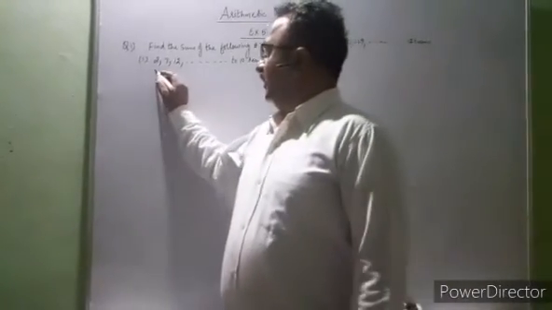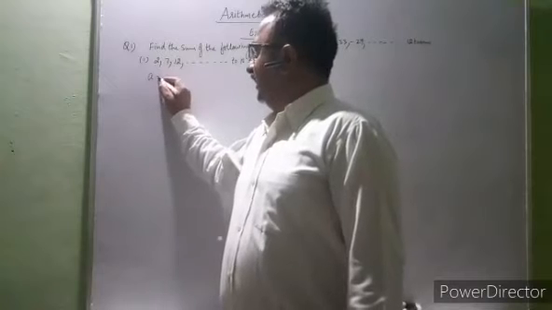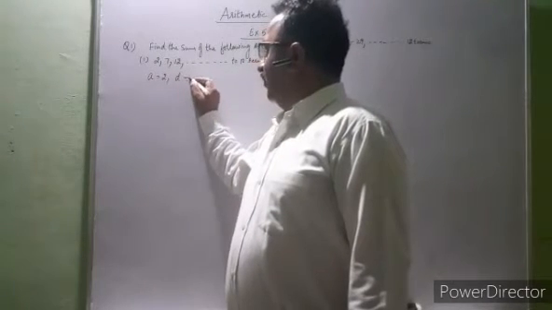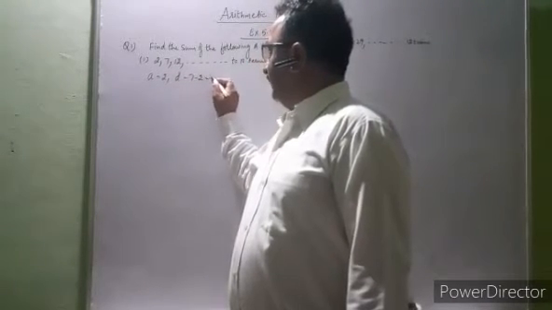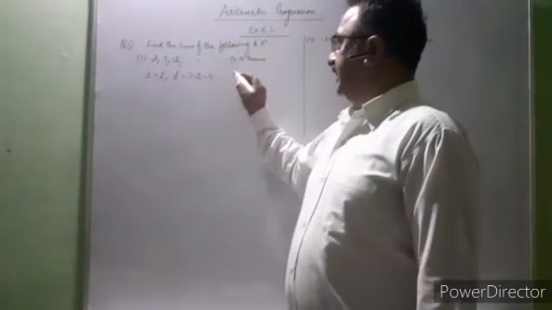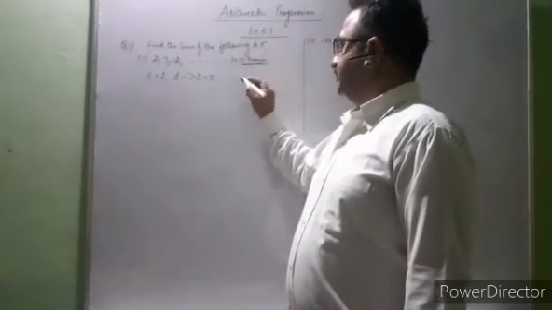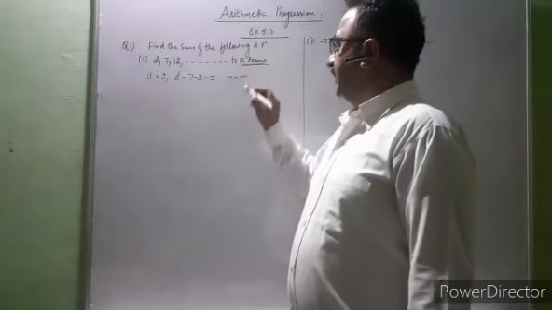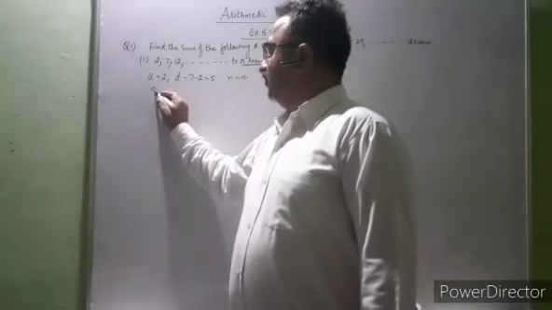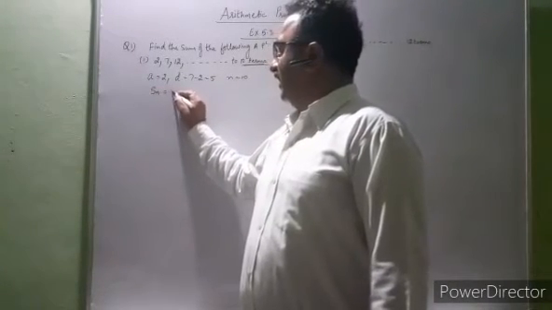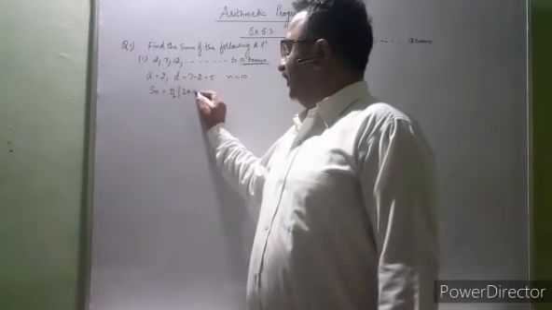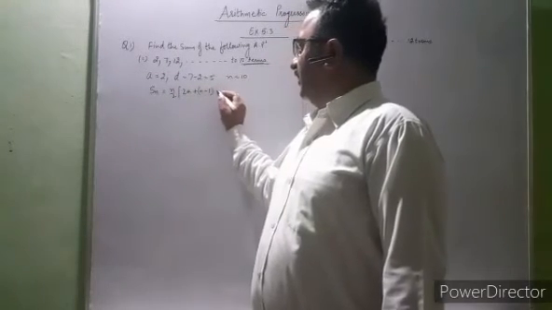So first term a equal to 2, d equal to 7 minus 2, it's 5. Now n, what is n? It is given 10 terms. n is 10. Now use the formula Sn equals n by 2 times (2a plus (n minus 1)d).